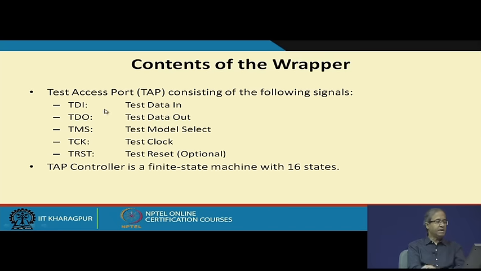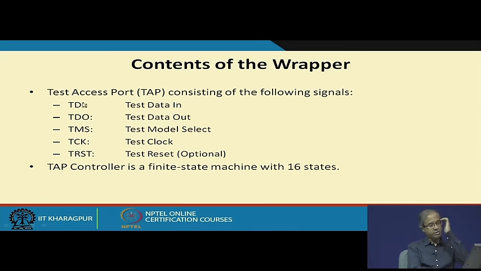Now, the content of the wrapper, as I said, is called a test access port. 5 control signals are there, one of them is optional. Test data in is very similar to the scan in of the scan chain method. Test data out is similar to scan out. Test mode select is similar to test control, and there is a test clock.